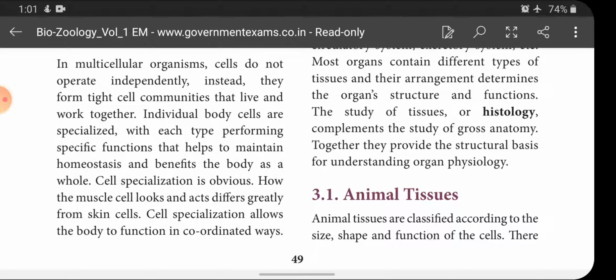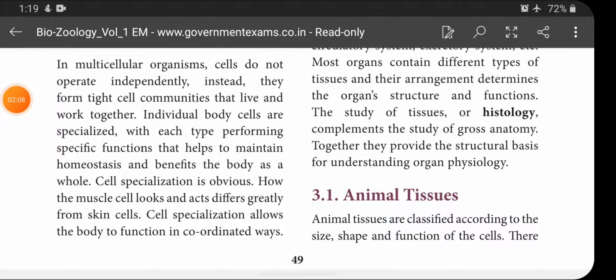Individual body cells are specialized. What does that mean? If we take a neuron, it's a nerve cell, so its individual body cells are specialized, isn't it? Each type performs specific functions that help to maintain homeostasis and benefit the body as a whole.